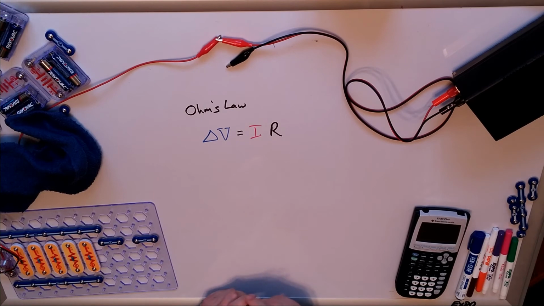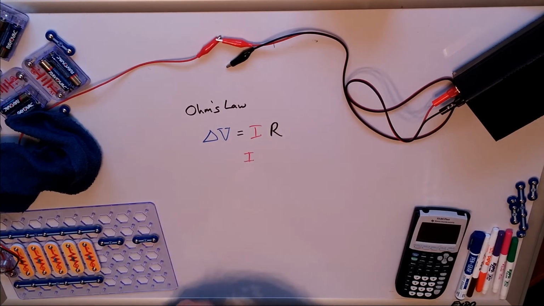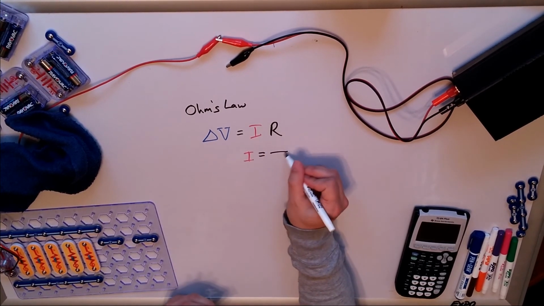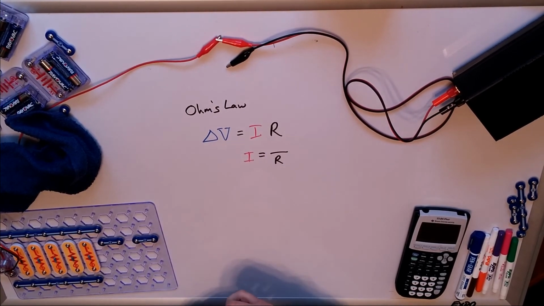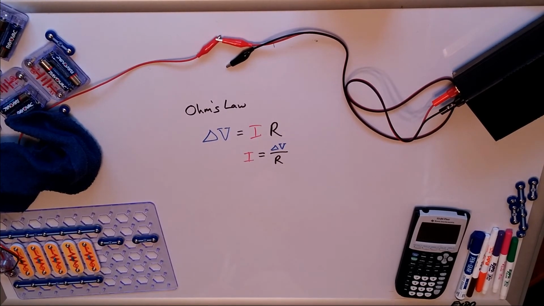Now that being said, on the AP equation sheet, if I am not mistaken, they have the following relationship: that the current is equal to the potential difference, delta V, divided by R. I actually have no idea why they have it written that way. I'm certain there's a reason of some kind, but anyway. So these are the different ways that you could see it.